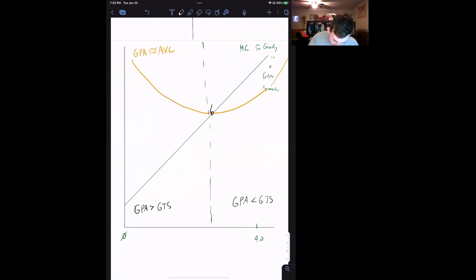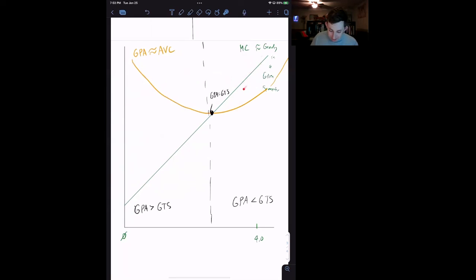And right here, this dot is where your GPA is equal to your grades this semester. Now, why have I drawn these regions? Well, if I'm over here in this region where my grades this semester are lower than my overall GPA, then your GPA is falling. It's going down if your grades this semester are lower than your average grades. So notice your grades this semester are lower than your GPA, so it's pulling your GPA down.